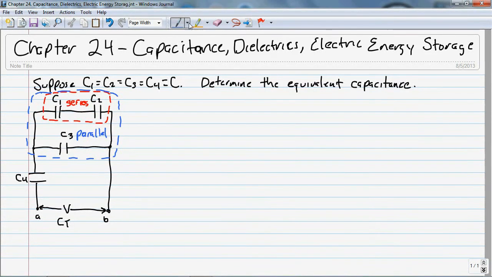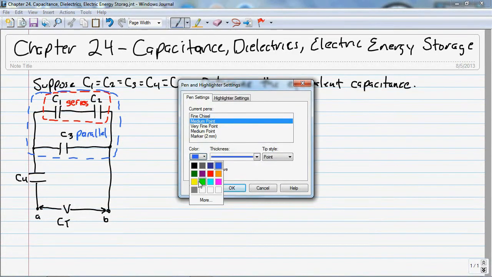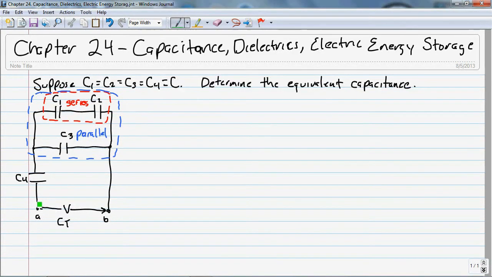And last but not least, we have the combination with C4, and this turns out to be series.